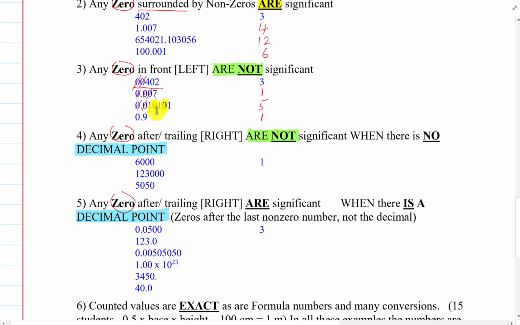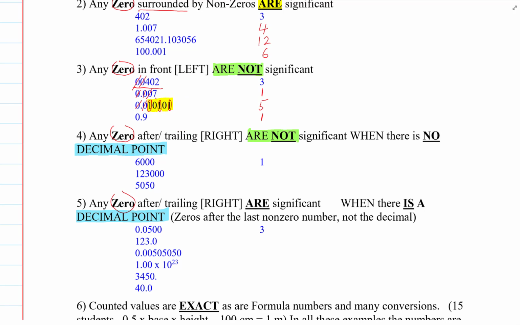Right. Well, the rule says this is significant because that's rule 1, and rule 1 says that's significant and that's significant. Okay, and then rule 2 says these are significant. So basically everything here, those 5 are significant.